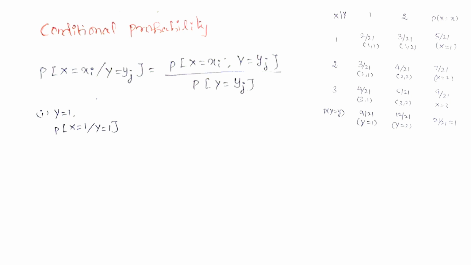So first I am going to find the conditional probability for P of X equal to 1 given Y equal to 1. The formula is P of X equal to 1, comma, Y equal to 1, divided by P of Y equal to 1.